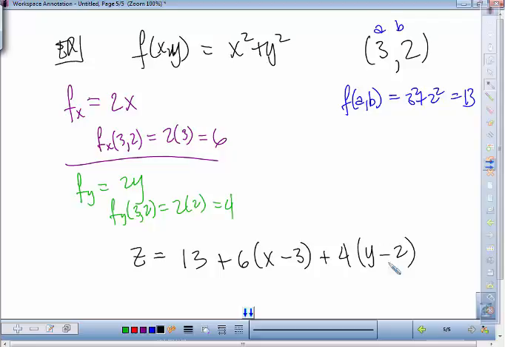So this is it. Now you can move all the x, y, z's on the other side and then have it equal a constant to make it look like ax plus by plus cz is equal to d, which is how we're kind of used to seeing planes. But this works just as well as a plane.